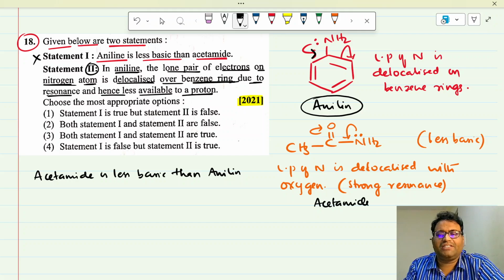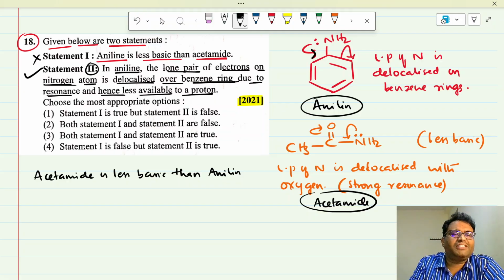But in statement 2, he simply states that the lone pair is not available because it is delocalized on the benzene ring due to resonance. Yes, the statement is correct. Statement 1 is false, but statement 2 is true. So this is the correct answer.